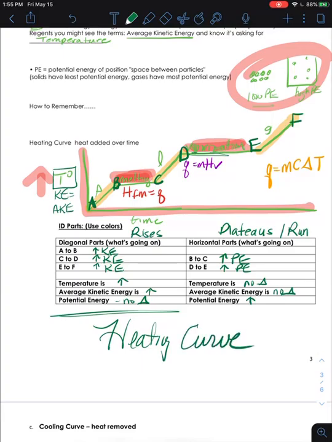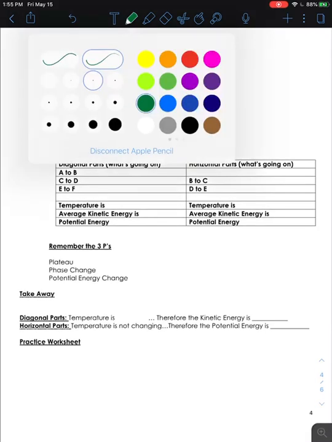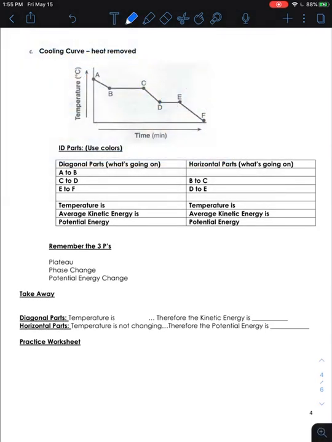So what we're now going to do is look at a cooling curve. Okay. It's getting chilly out there. So let's take a look. We have our negative rises. Okay. A to B, we're coming from a gas, right? Condensing to a liquid, condensing to a solid.